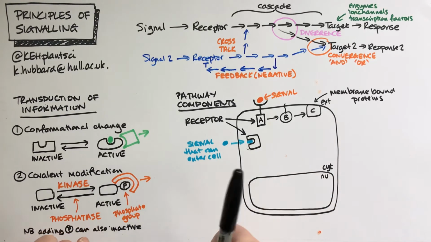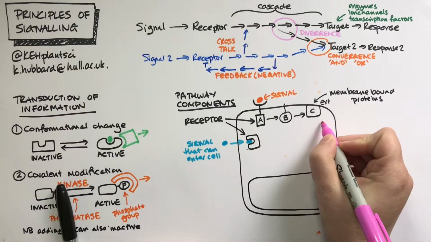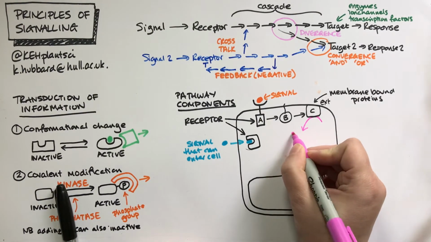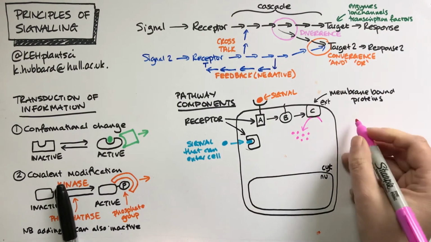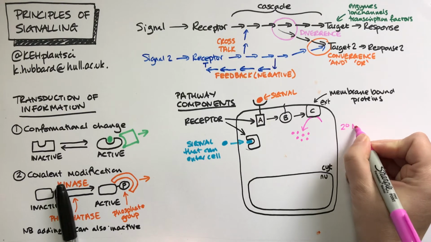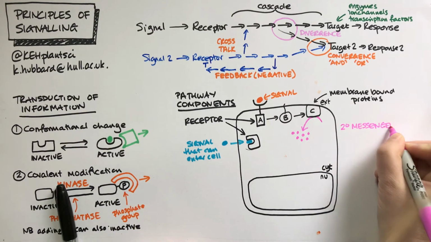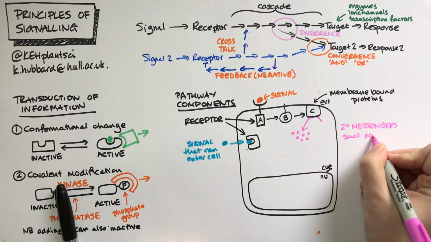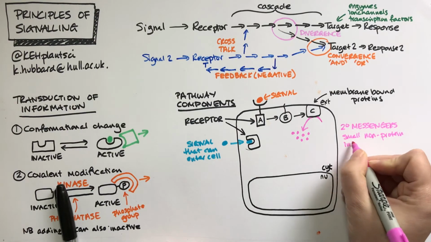So what you might have is enzyme C is able to catalyse the production of what we call secondary messengers. So these are small, non-protein intermediates.